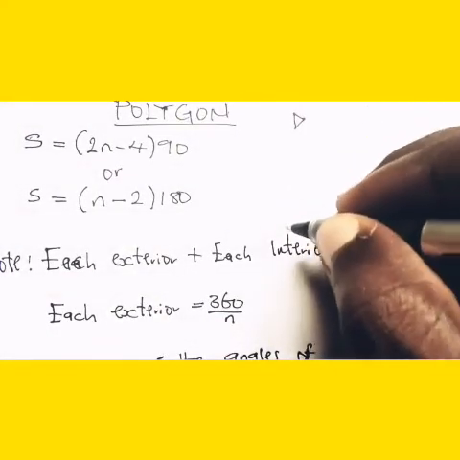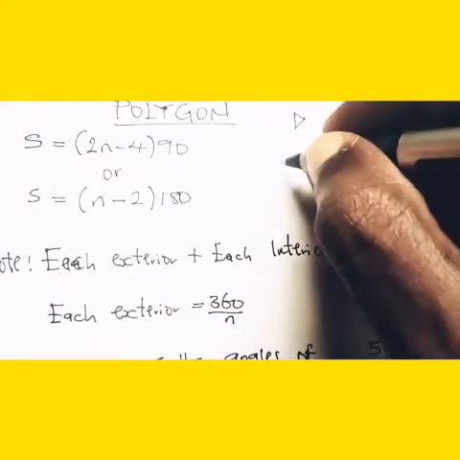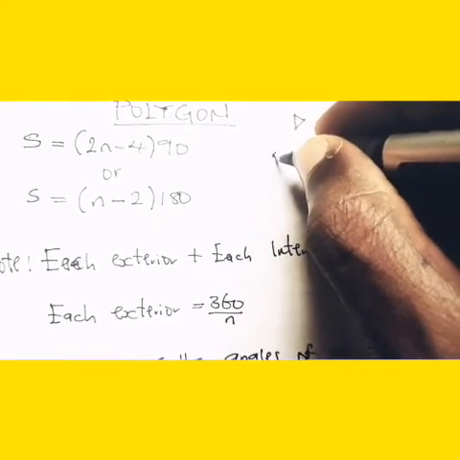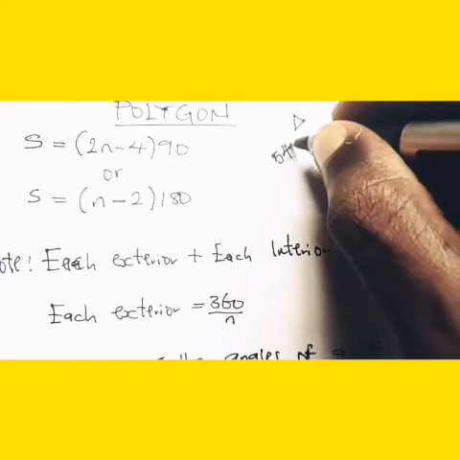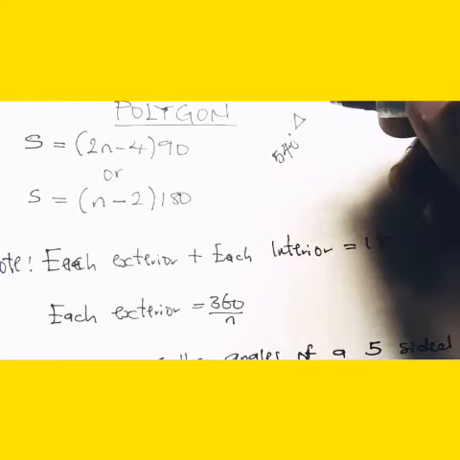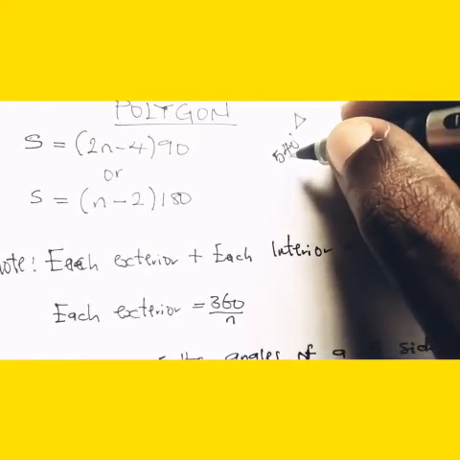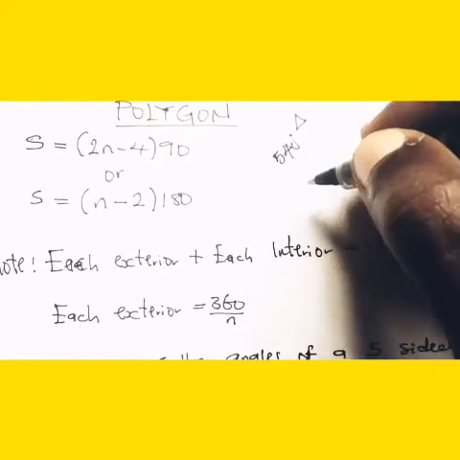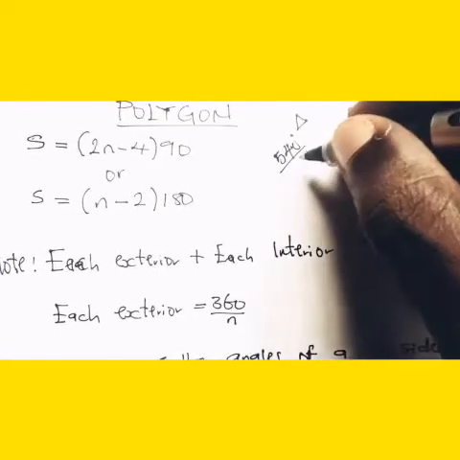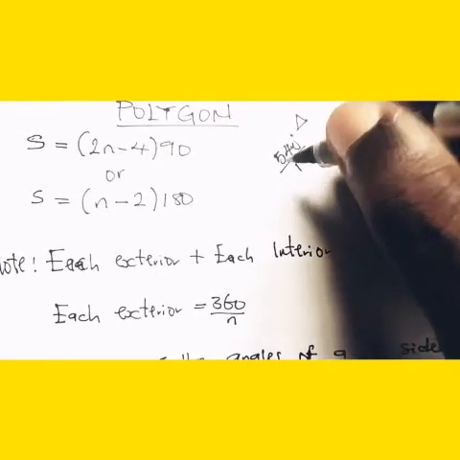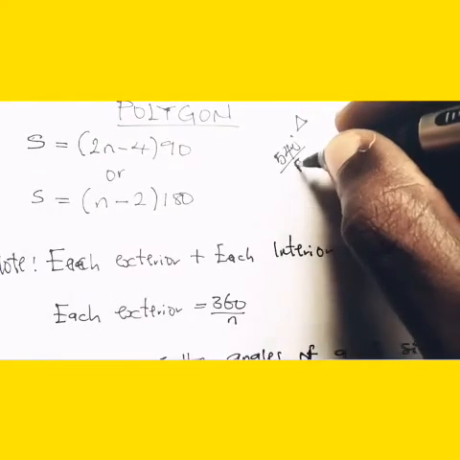To calculate each interior angle, we divide the total by n, where n is 5 for a pentagon, since a pentagon has 5 sides.